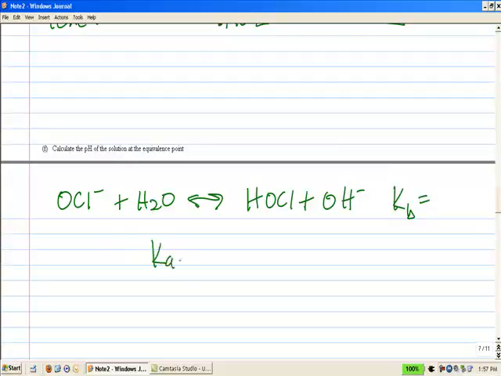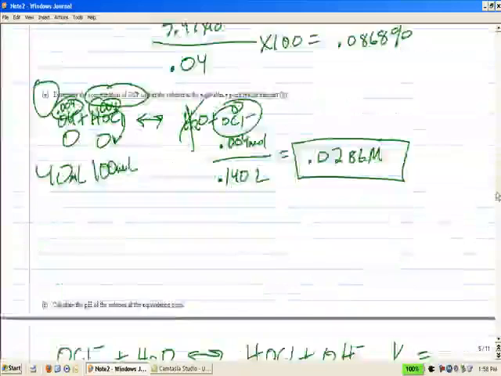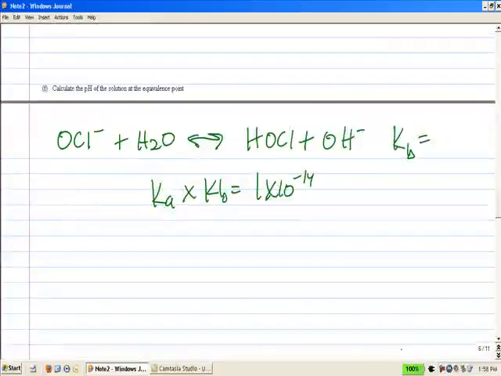So we need to remember that Ka times Kb equals 1 times 10 to the minus 14th. So if our Ka value is 3.01 times 10 to the negative 8th, then Kb is simply going to be 1 times 10 to the negative 14th divided by 3.01 times 10 to the negative 8th.